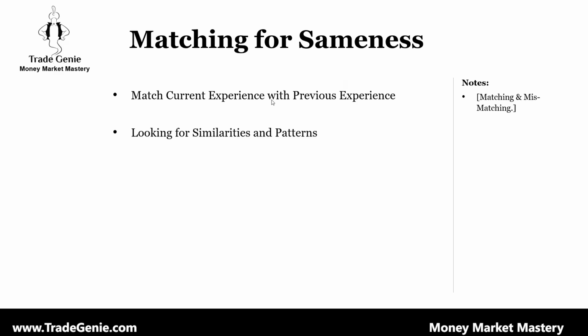So intuition is matching the current experience with previous experience and making the decision. You are looking for similarities and the pattern. You identify a pattern and match it, because you have seen so many patterns before, and you make the decision right away. You go with your intuition. You don't need to go for the checklist and rules.